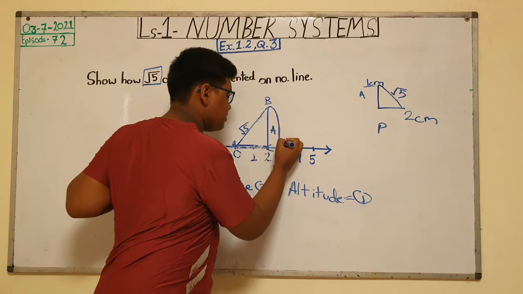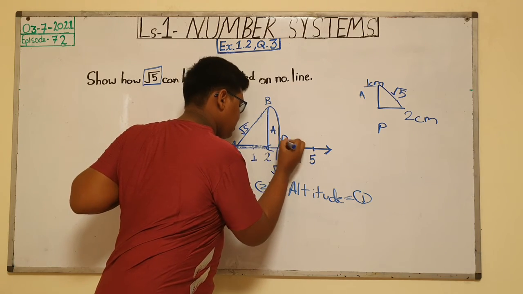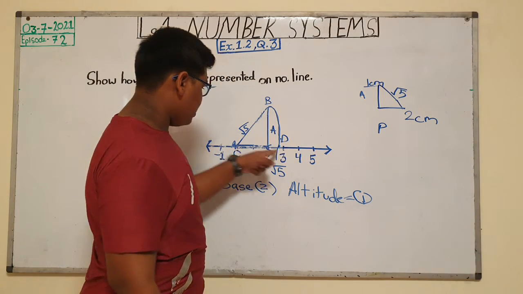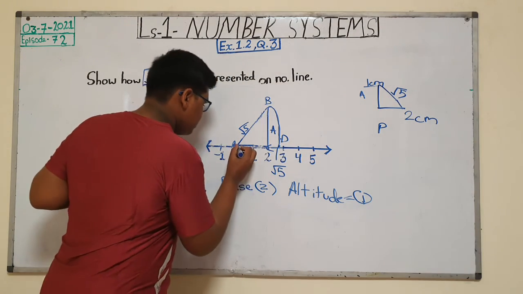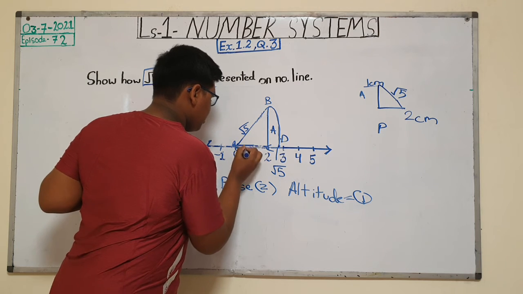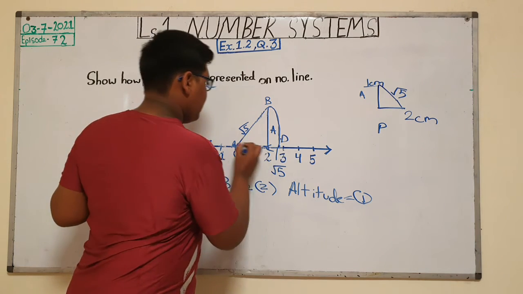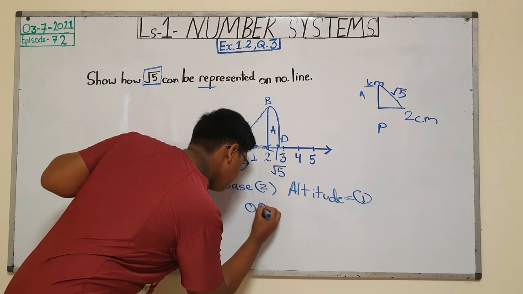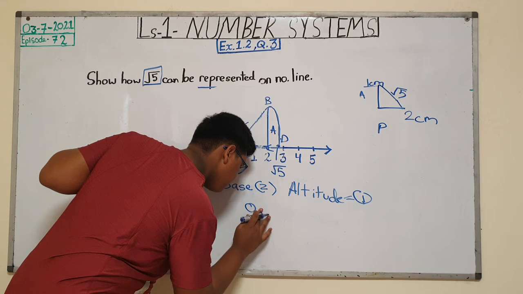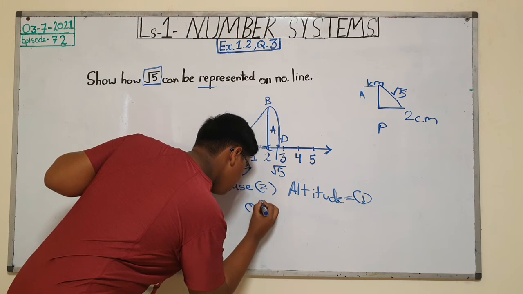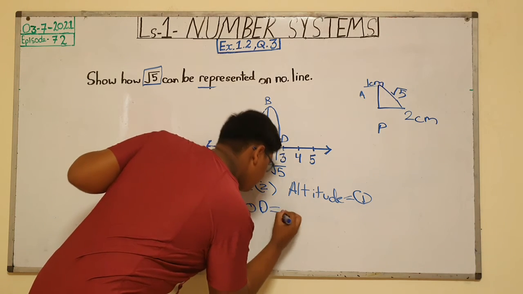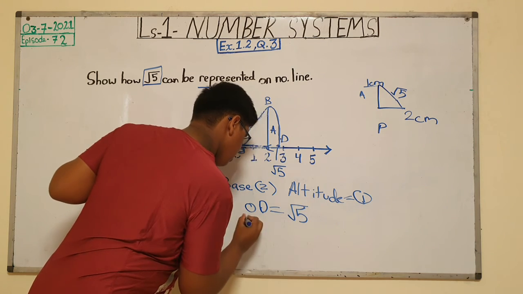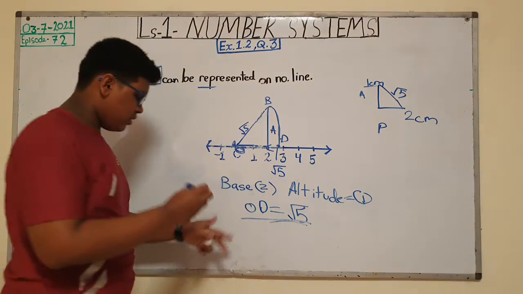When we mark this place, we get the point D. This point can be known as O, and so OD is equal to root 5. So this is the answer for the question.